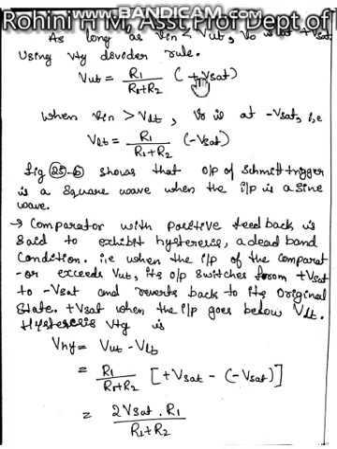Substituting the expressions, R1 divided by R1 plus R2 is common, so we write plus Vsat minus of minus Vsat, which is equal to 2 times Vsat into R1 divided by R1 plus R2.